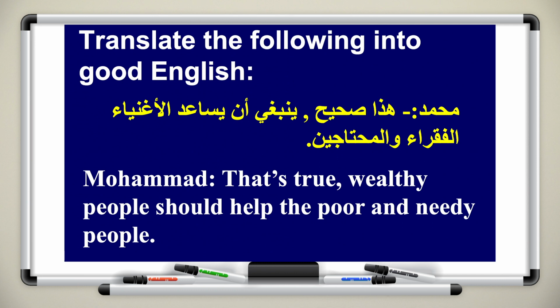Yes, of course you can use our vocabulary words. And needy people, or people in need, or people that need help. You can use as many of the vocabulary as you know. You don't have to use the exact model answer here. I'm sure you will even write a better answer.